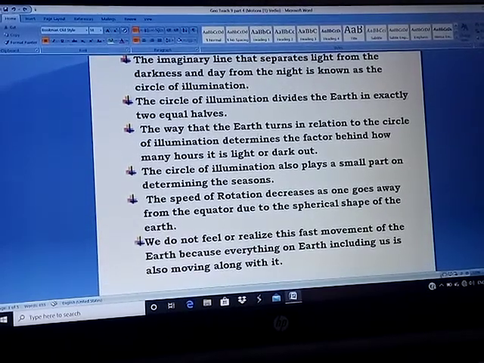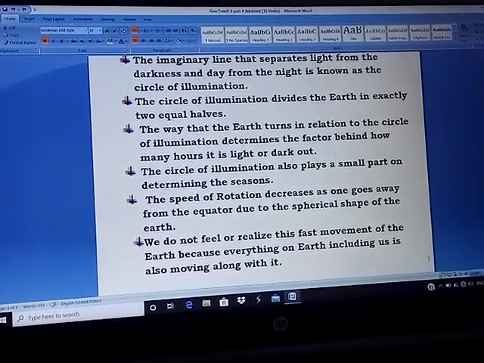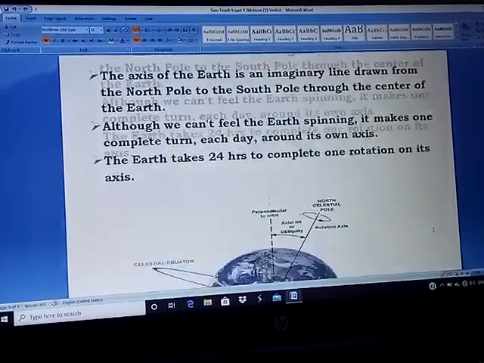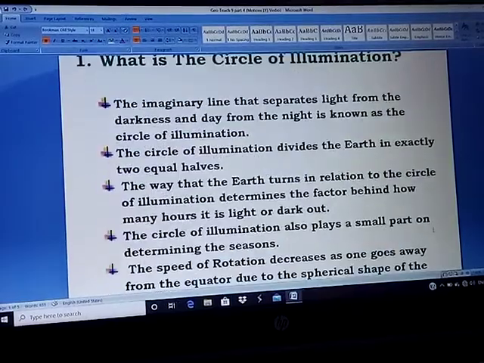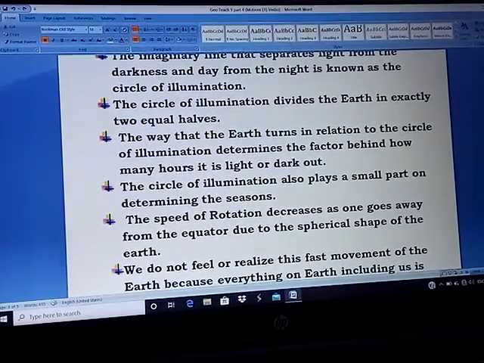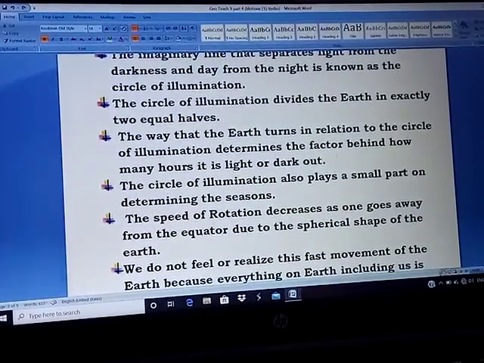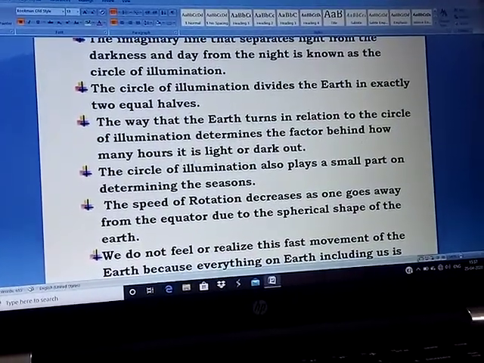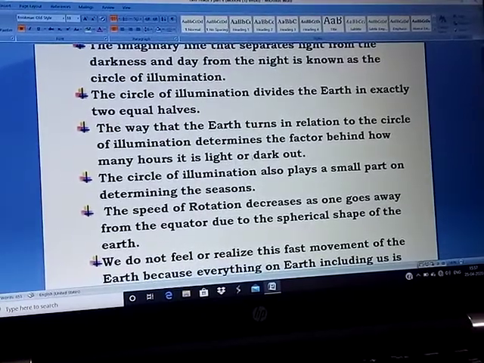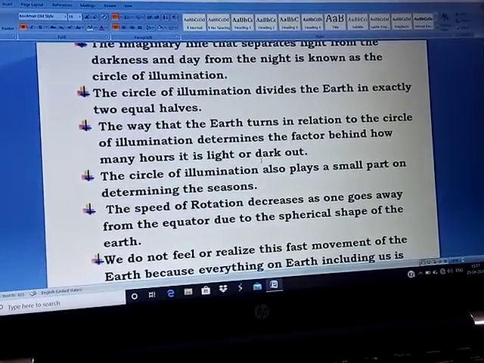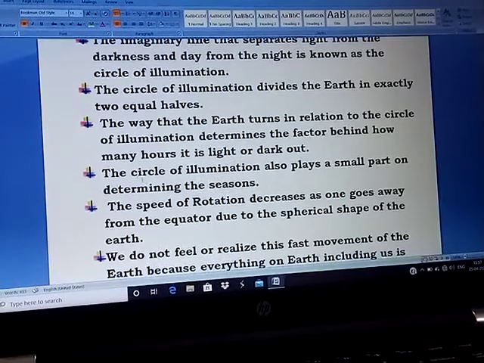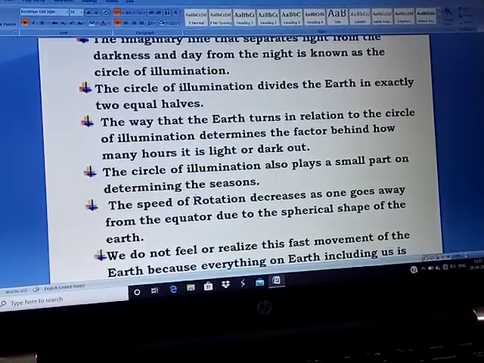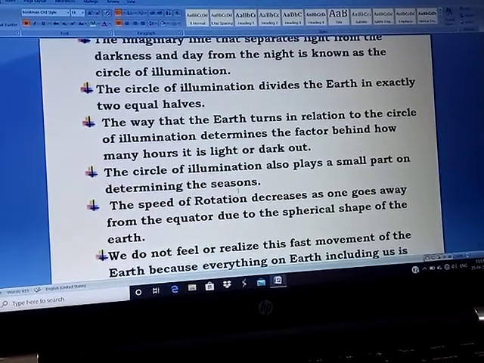The way that the earth turns in relation to the circle of illumination determines how many hours it is light and how many hours it is dark. The circle of illumination also plays a small part in determining the seasons too.